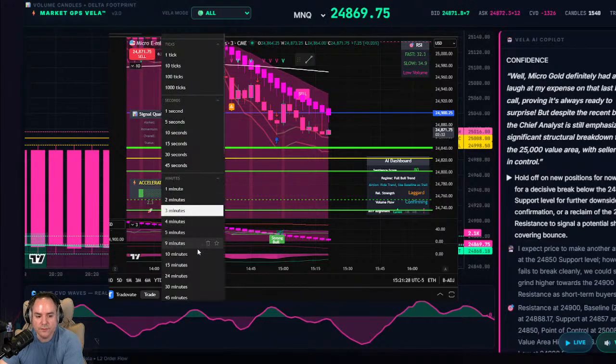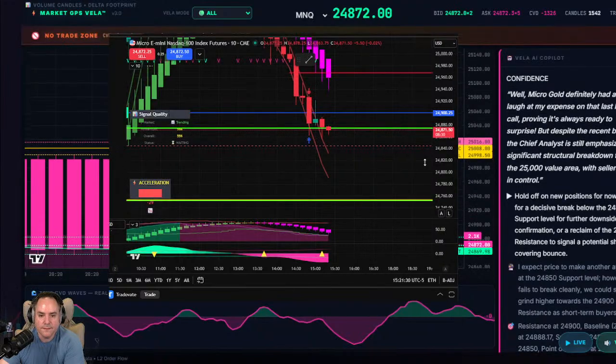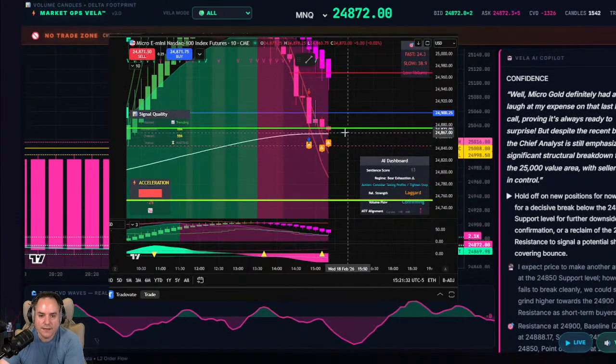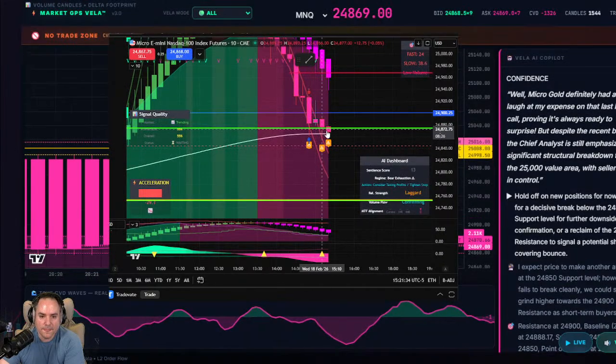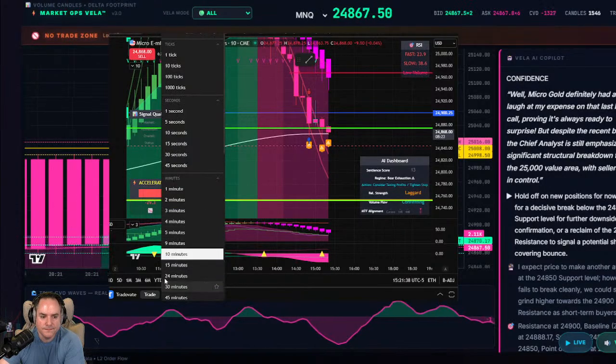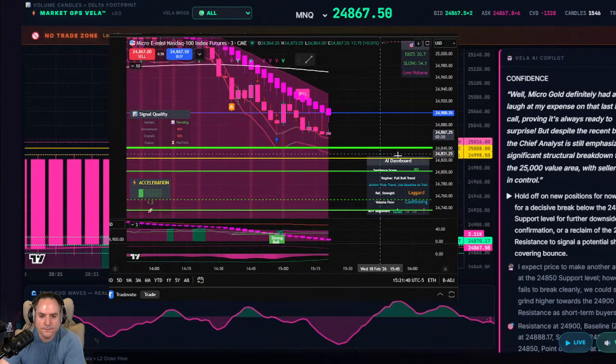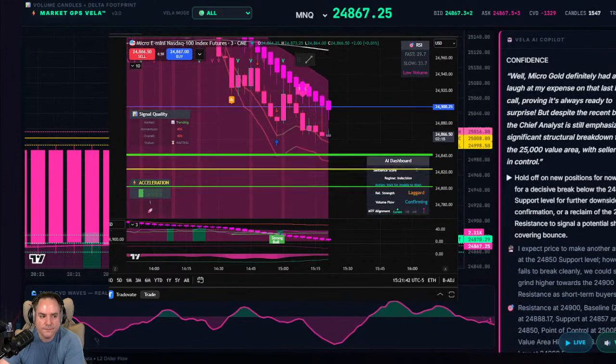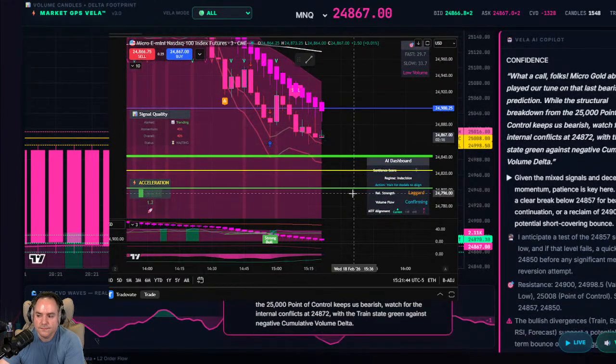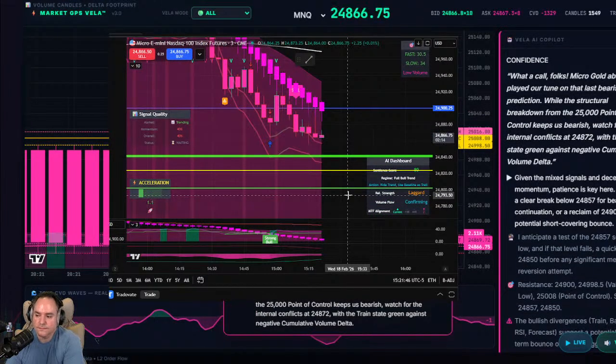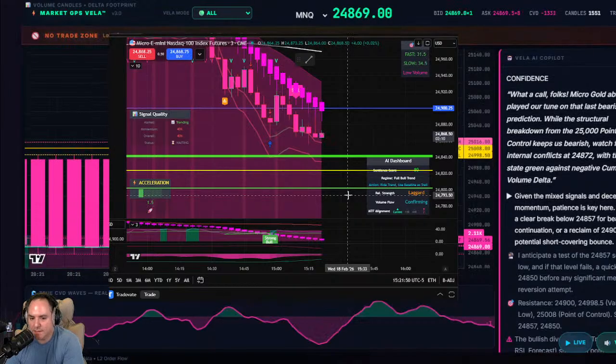So let's see where we're at on the 10-minute here. Yeah, we're just hanging it out right on this support in the 200. Nasdaq.